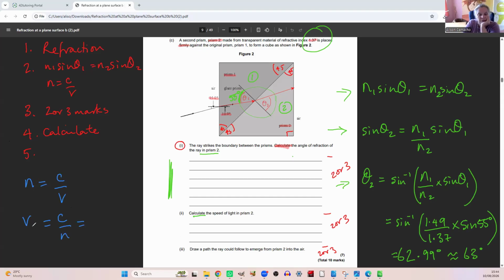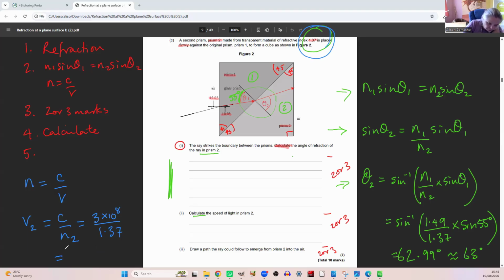So this is the speed of light in material 2, so we want the refractive index for material 2. So this is 3 times 10 to the 8 over, and the refractive index for material 2 is up there, 1.37.